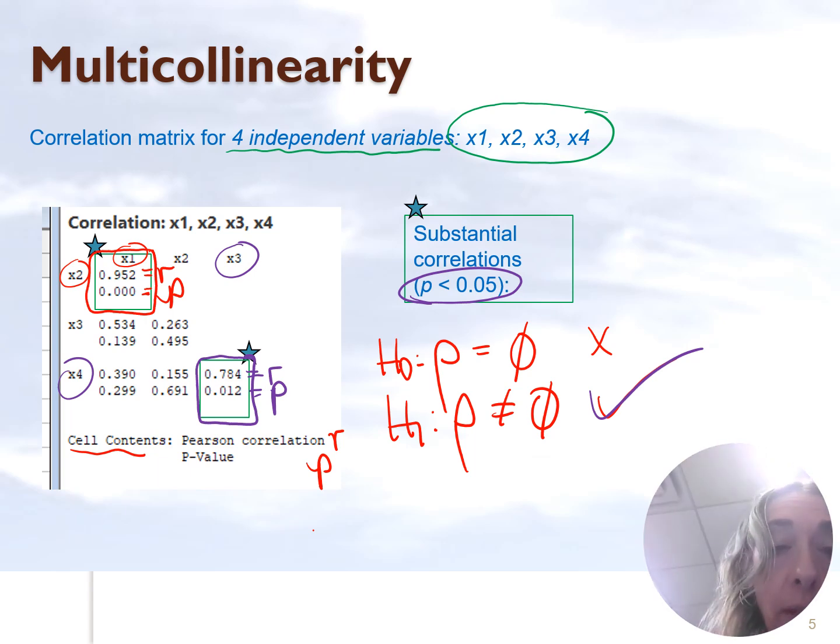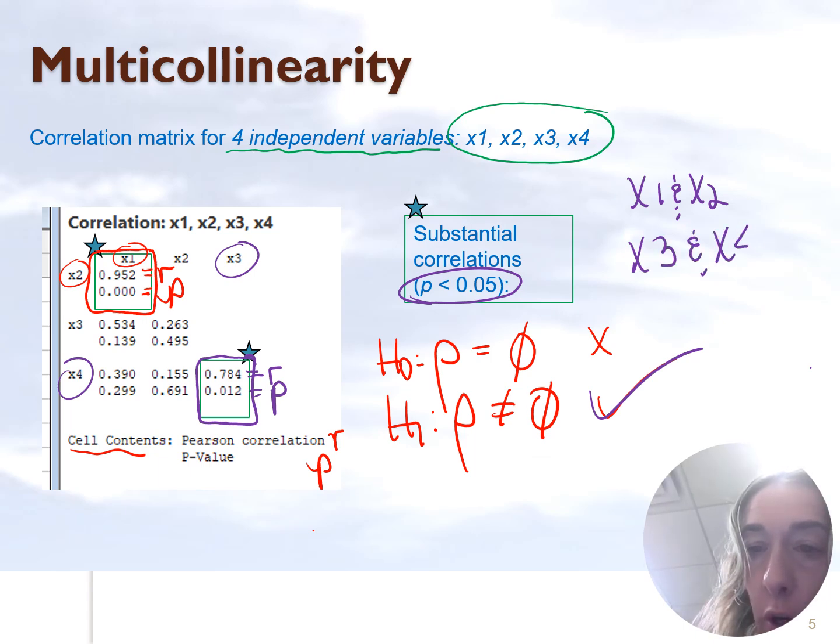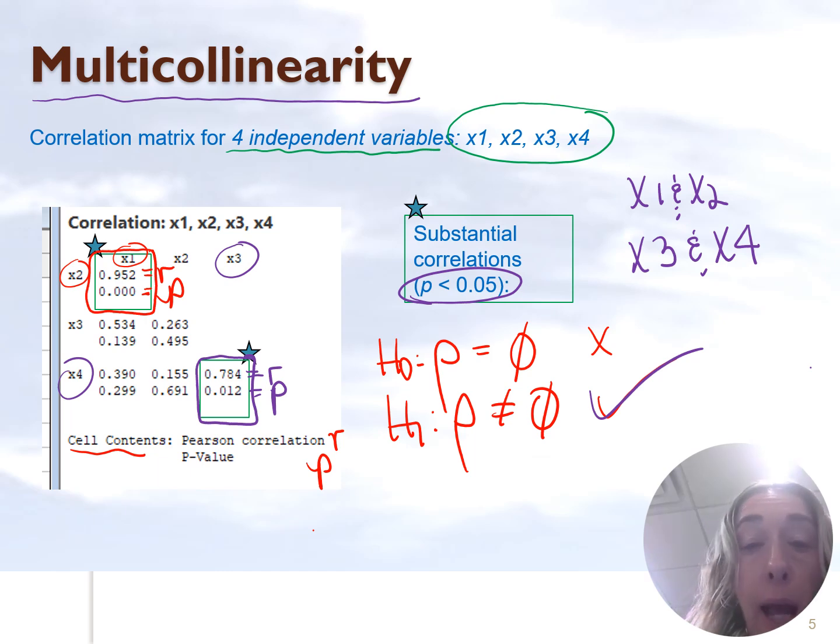So based on this correlation matrix, x1 and x2 are linearly related, and x3 and x4 are linearly related. This correlation matrix points to the existence of multicollinearity in our data.